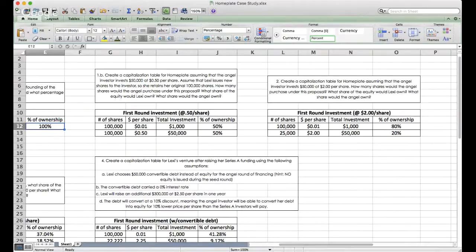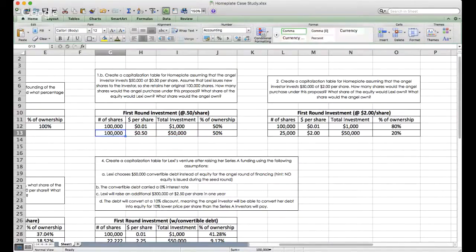How many shares would the angel purchase under the proposal? And what share of the equity would Lexi own? And what would the angel own? So she had her original 1,000 invested, 100,000 shares, and then the angel invested 50,000 at 50 cents a share.